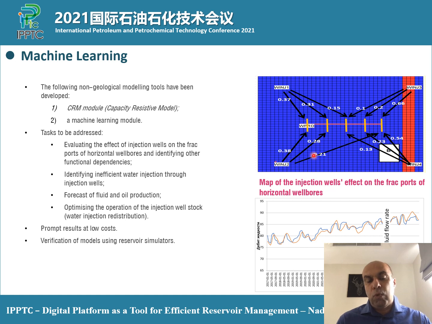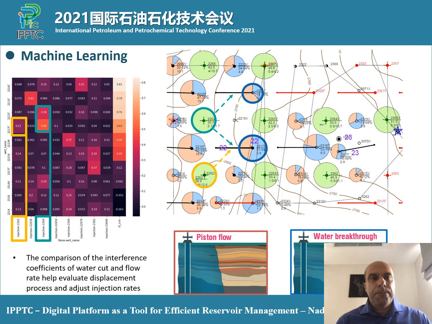We can see with this developed model the effect of changing the injection rates of, for example, one or more of those injector wells, and the impact of such changes on the production of these horizontal producers. Obviously, this modeling and predictive analytics can be used as a plugin or a new input to existing reservoir simulators.